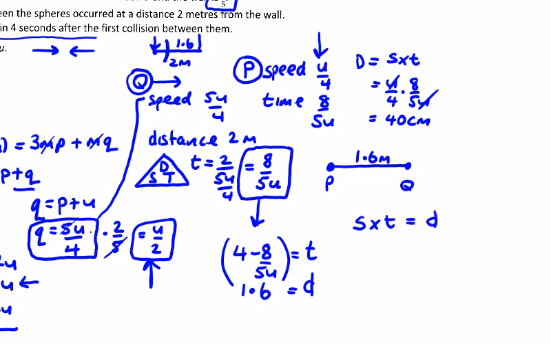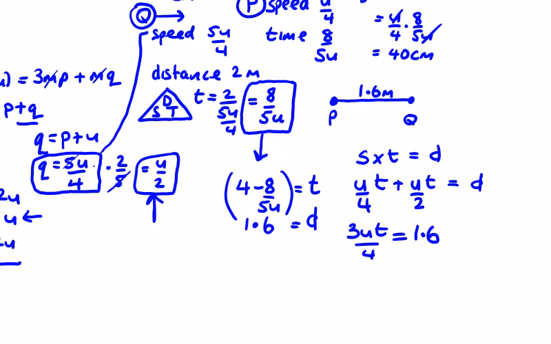The speeds u over 4 and u over 2, by time, will be equal to my distance. So that's 1/4 plus 1/2, which is 3/4. So 3ut over 4 is going to be the distance, which is 1.6. So 3ut is equal to 6.4.